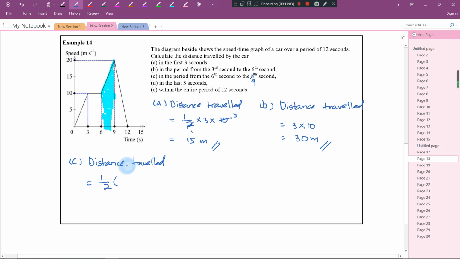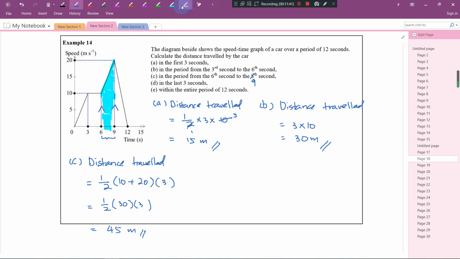Then find the sum of the two parallel sides, which are here and here. Here is 10 plus here 20, times the length here, 6 to 9, which is equal to 3. You should be able to get 45 meters for this part.